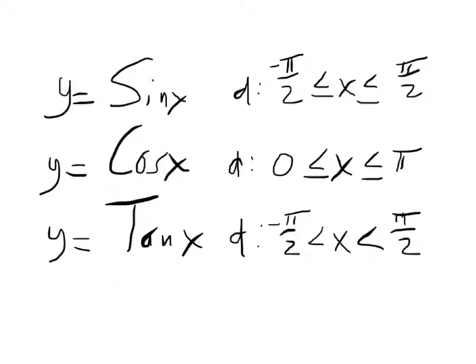Our textbook, and it's not particularly commonplace among other textbooks, really emphasizes this restricted domain subset of the general sine, cosine, and tangent functions by giving it a capital letter and calling it the invertible sine function, invertible cosine function, invertible tan function, invertible meaning a function that has an inverse.